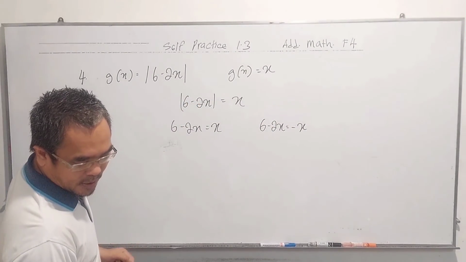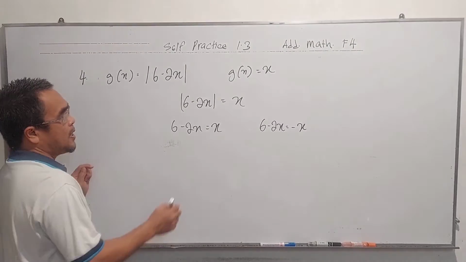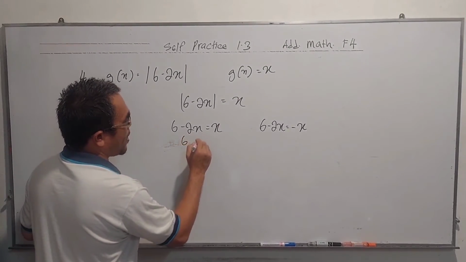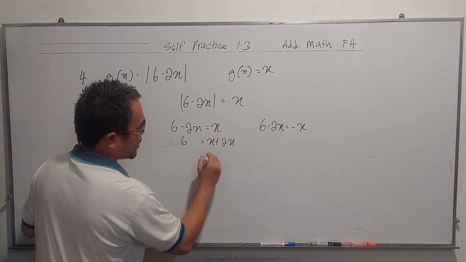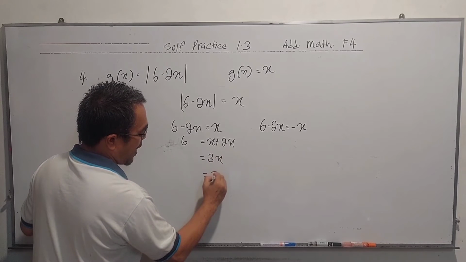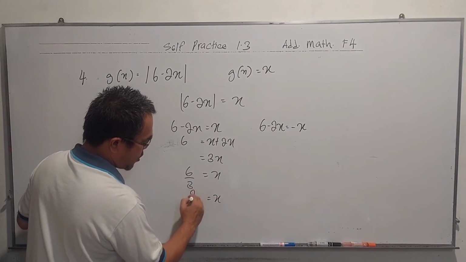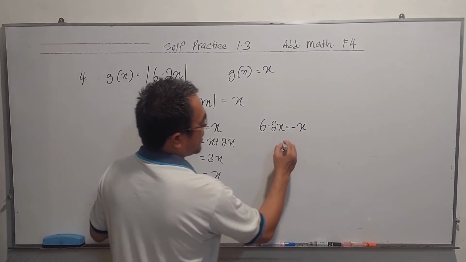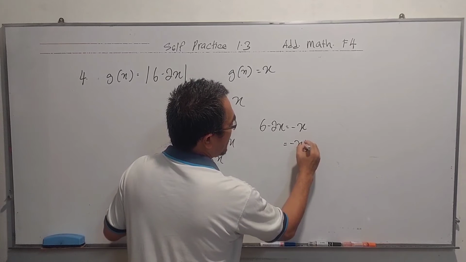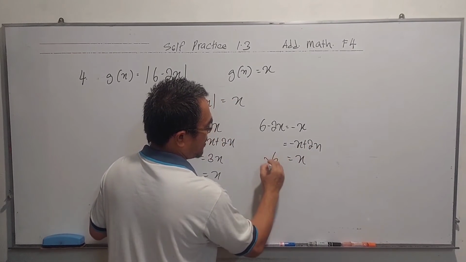This is just like question number 3b. Okay, and solve one by one. 6 equals x plus 2x, which is 3x. So x will be 6 over 3. The first x is 2. And the second x you could find here. So negative x plus 2x will be 1x, so equals to 6.